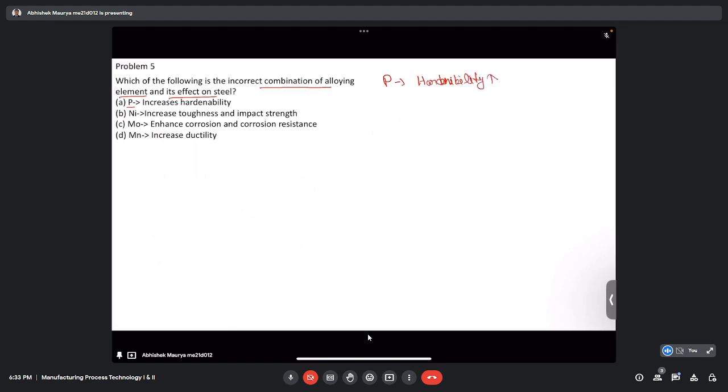It also increases the machinability, as well as the corrosion resistance.